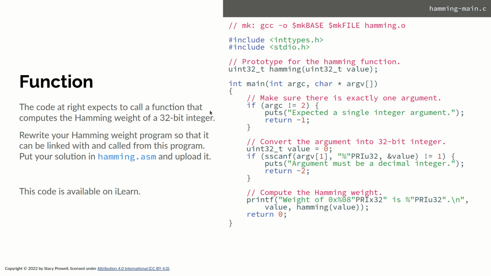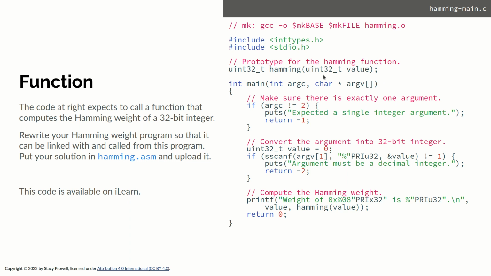This is a little main function. And you see we have int types and standard I/O. Look at this right here. We have Hamming. It takes a 32-bit value. It returns a 32-bit value. So it's going to have something in EDI and something in EAX.